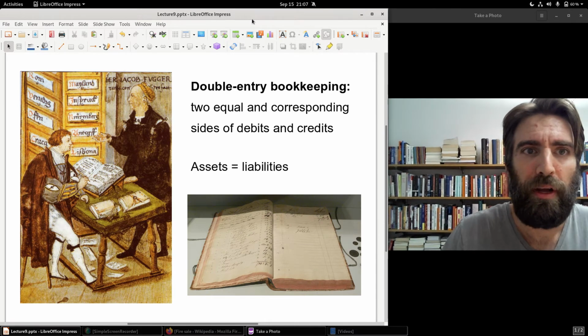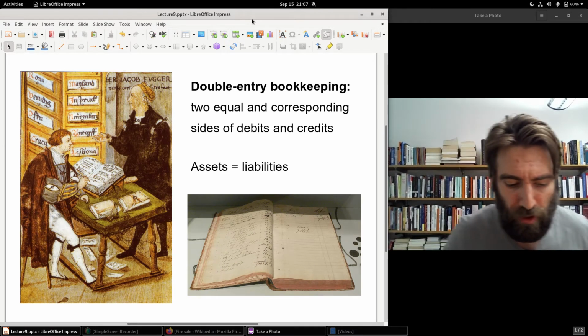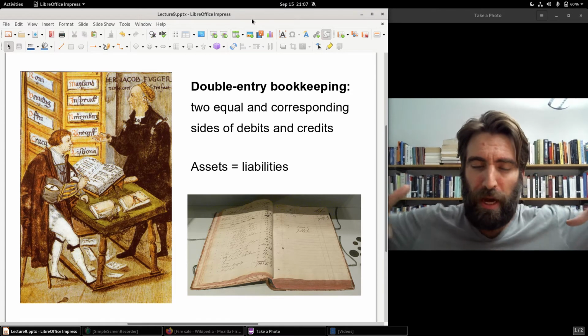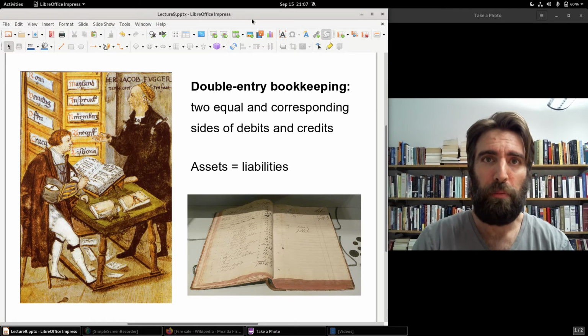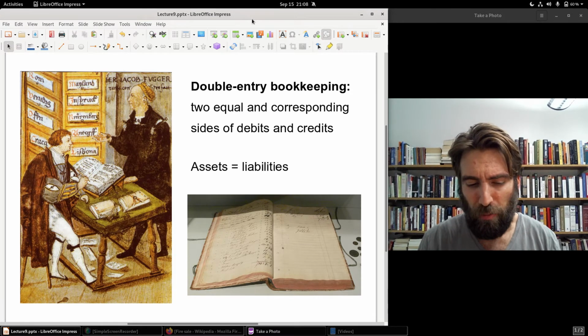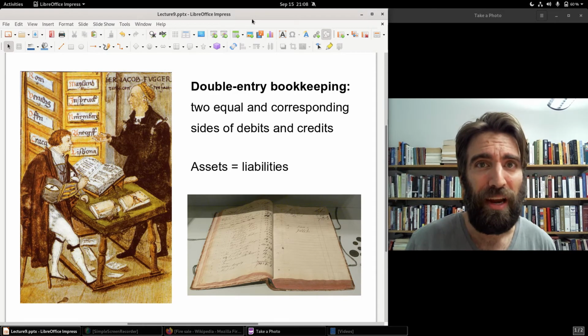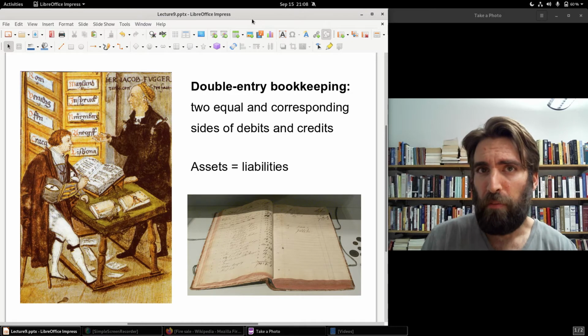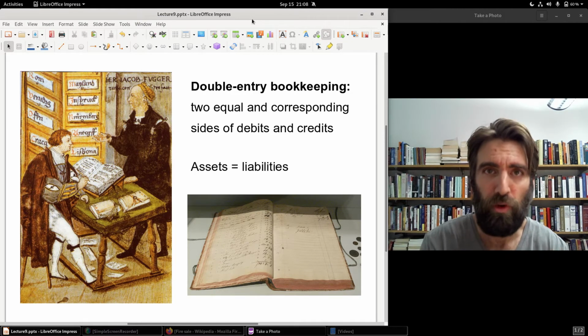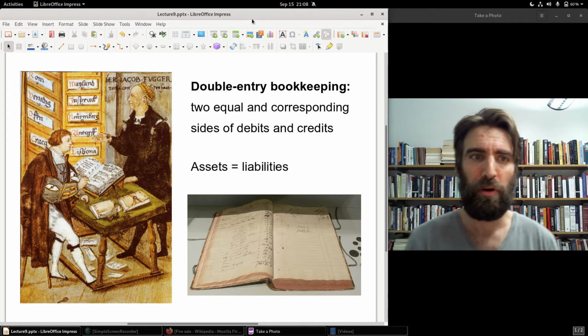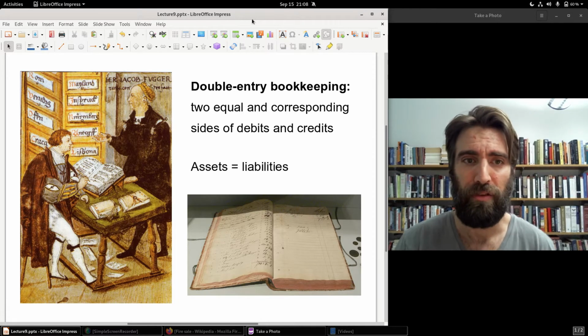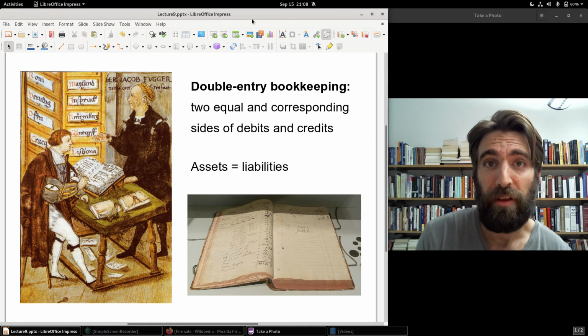Italian banks in this period innovate by adopting double entry bookkeeping. Now, double entry bookkeeping goes back to the Roman era, and there was some use of it in the Middle East, but the Italians really mastered it. In double entry bookkeeping, if you've ever taken an accounting class, you know, assets equal liabilities.